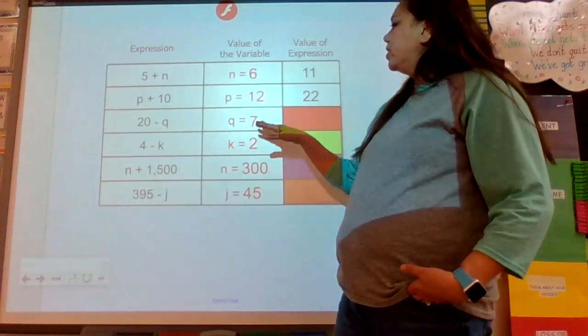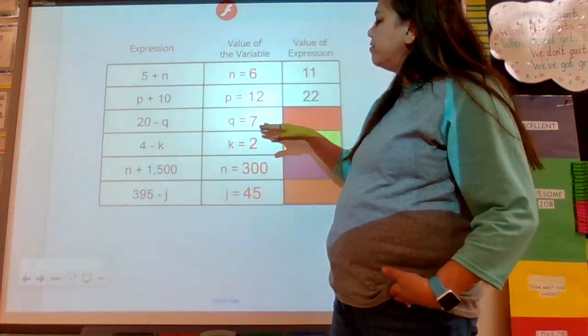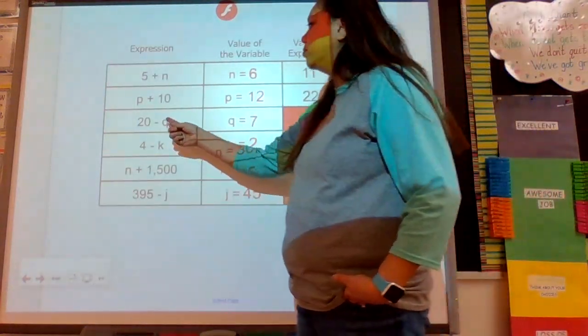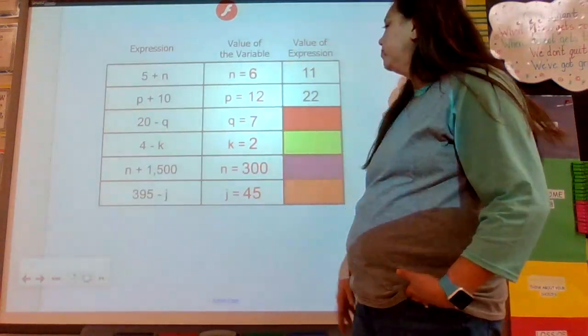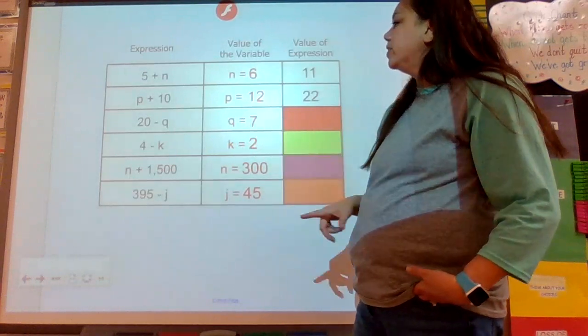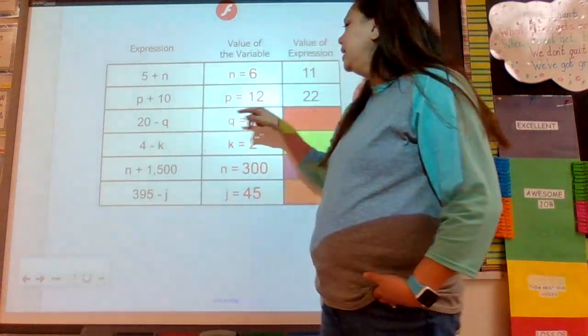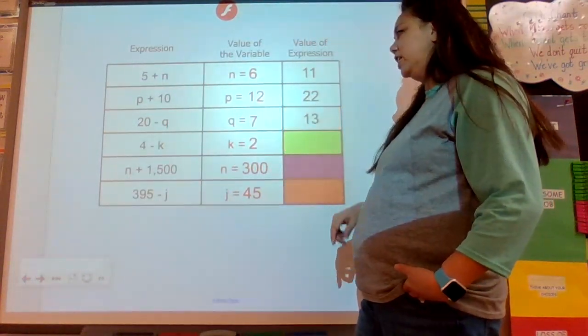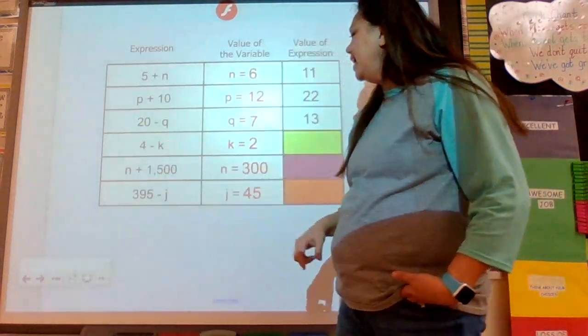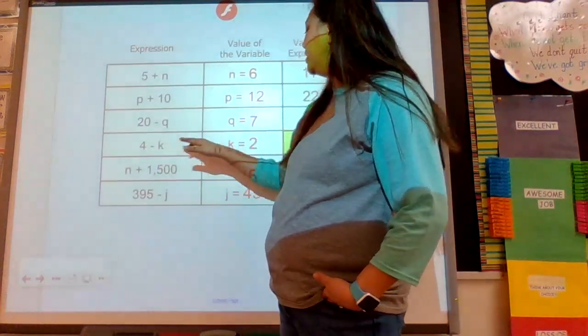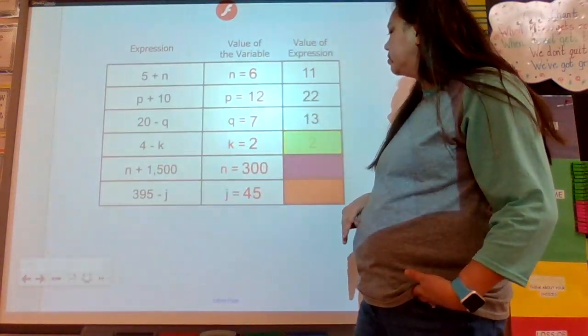And remember, we're just practicing filling in these unknowns. We're just replacing these unknowns with numbers that they tell us to use. Q is equal to 7, so 20 minus 7 is 13. Okay? 4 minus K, hopefully you took 4 minus 2 and got 2.